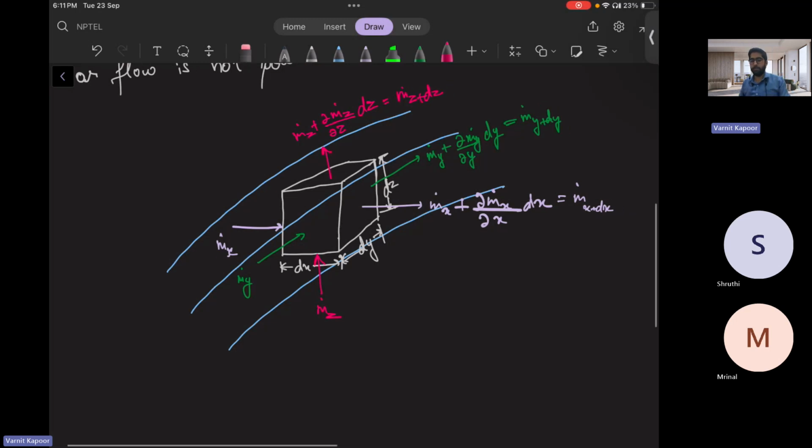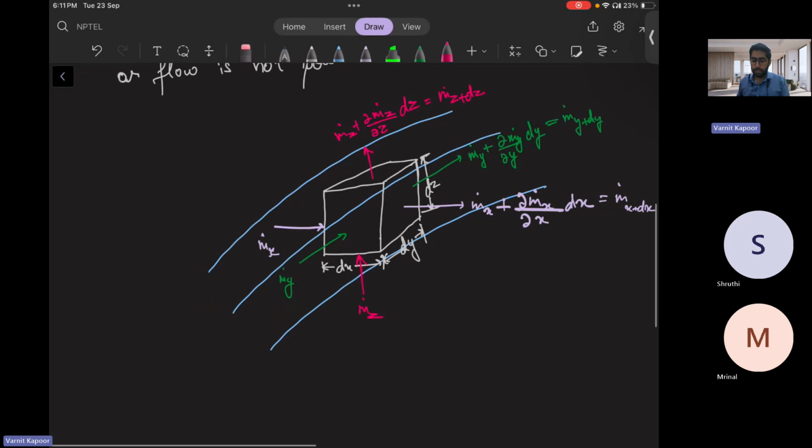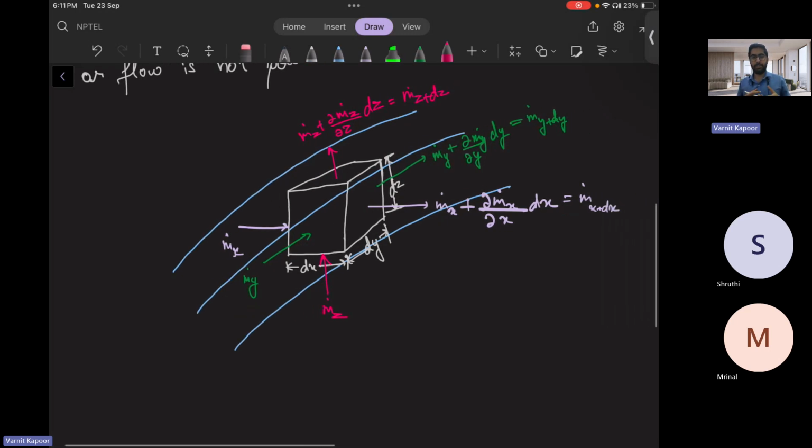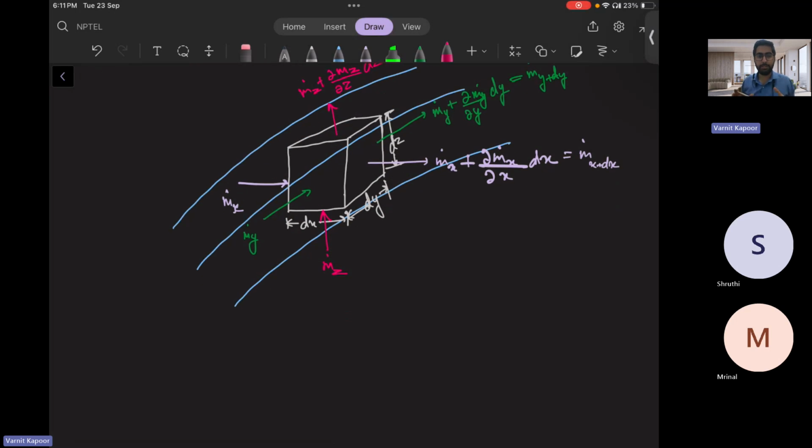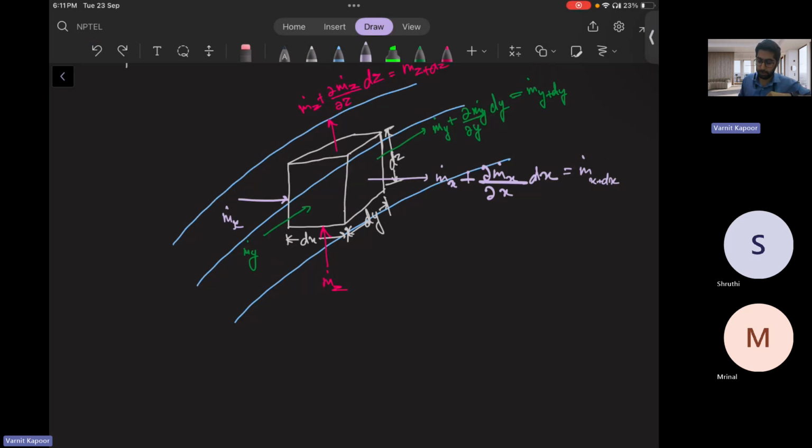So this is the mass that is flowing in all three directions. Whatever mass difference there is gets stored inside this fluid element.